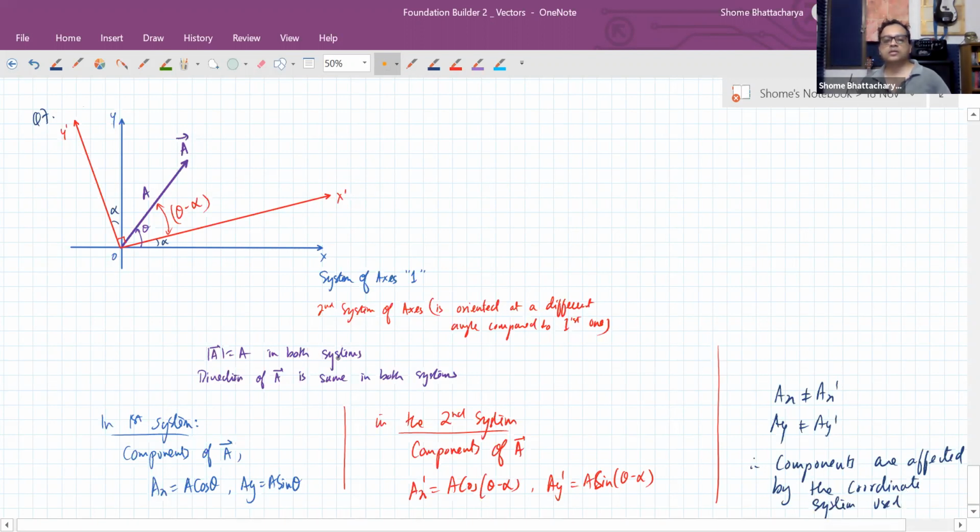But the magnitude of the vector and the direction of the vector are not affected. And similarly, a scalar quantity will also not be affected because scalar has nothing to do with direction.